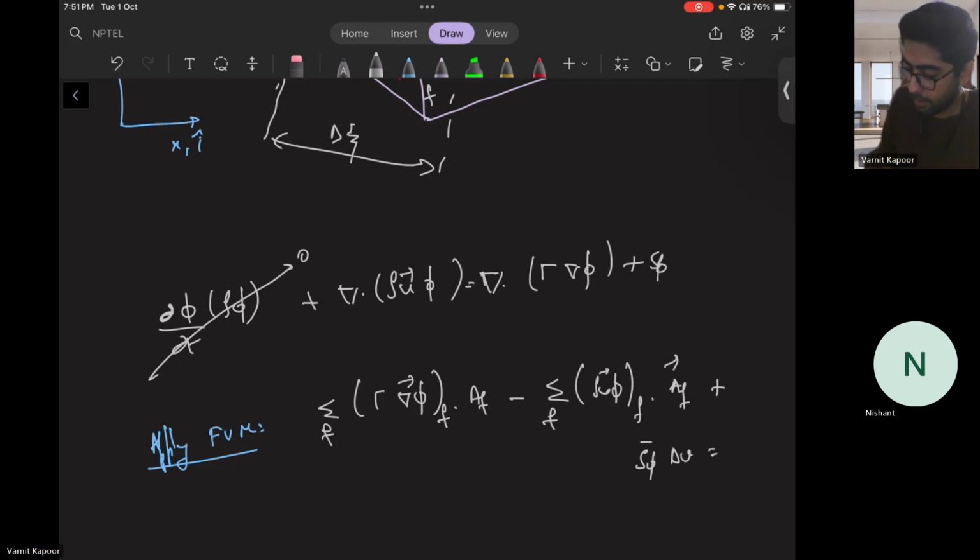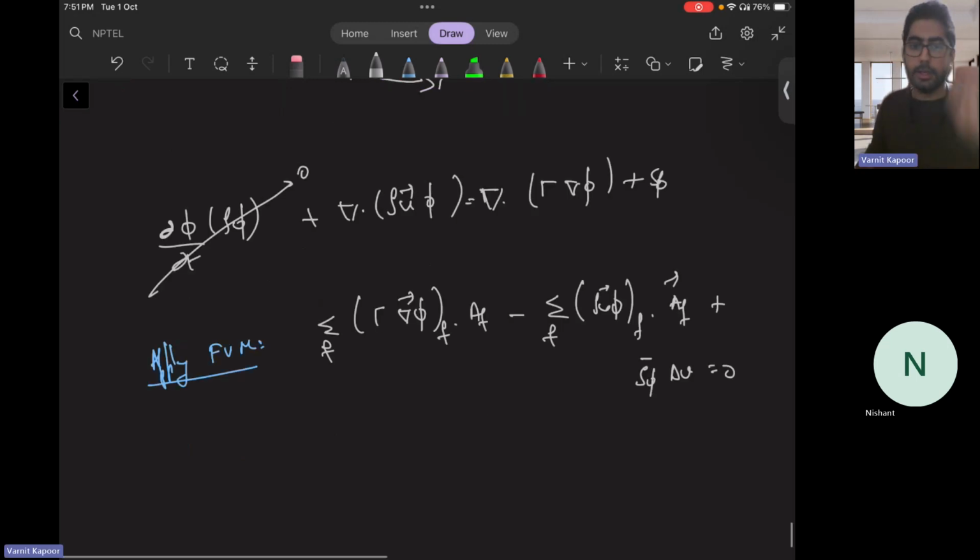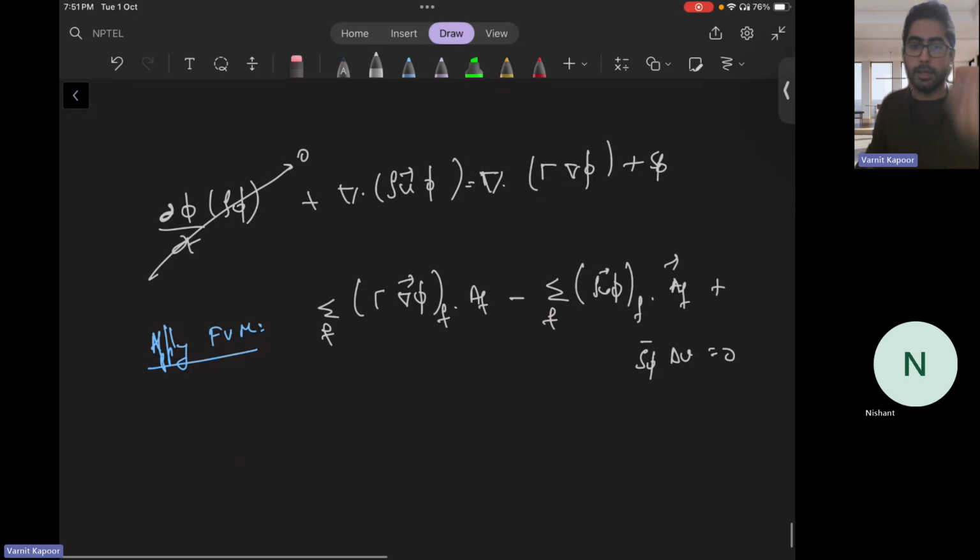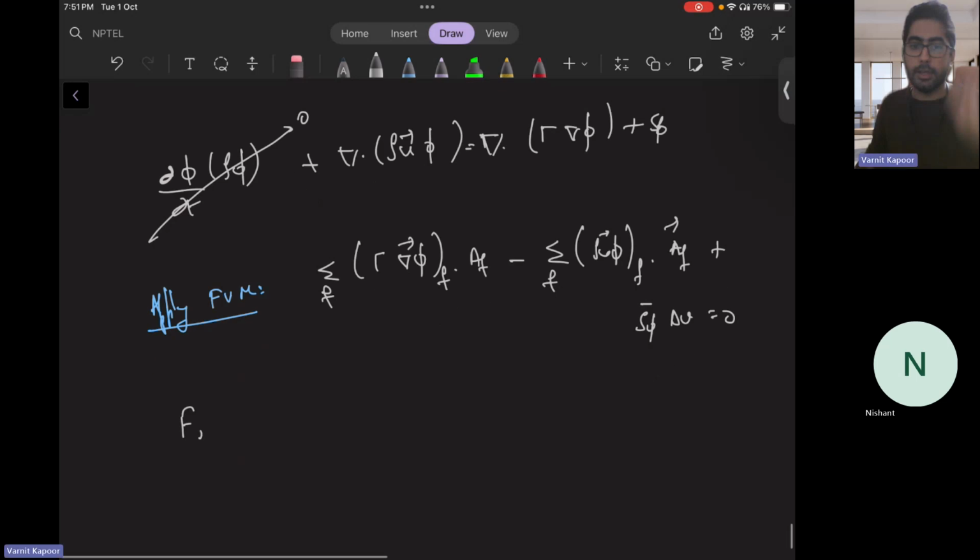All right, equal to 0. Now you know that in conventional coordinates, F_e is rho u delta y, F_w is rho u delta y. But here, F at face will be rho u at face dot A_f. This will be okay.